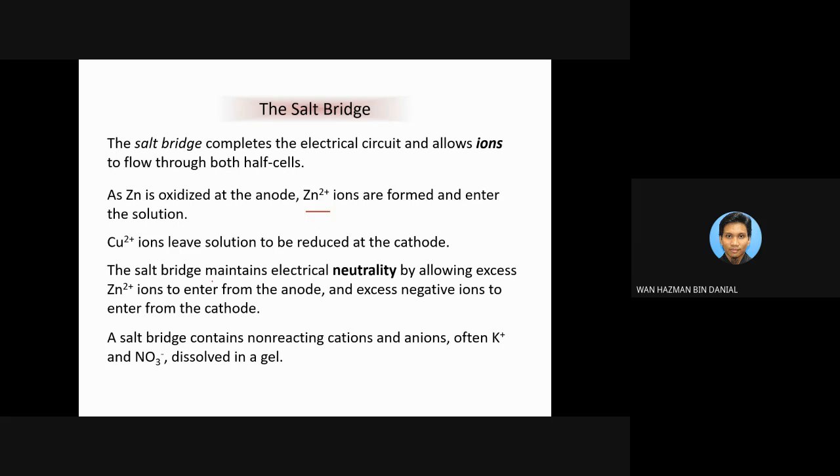The salt bridge is responsible for maintaining the electrical neutrality by allowing excess zinc 2 plus ions to enter from the anode, and excess negative ions to enter from the cathode. Mana kalau dia terlalu excess ion, so salt bridge ni dia boleh maintain the electrical neutrality. And also the salt bridge ensures the completion of the circuit, completes the electrical circuit.